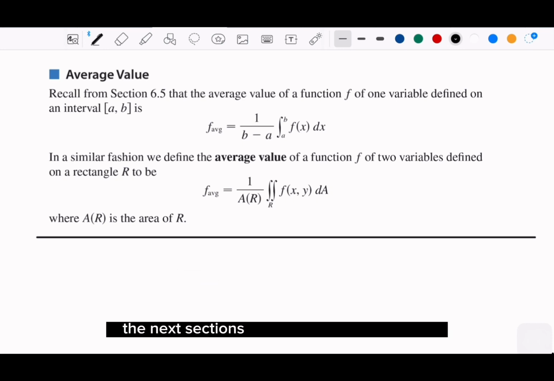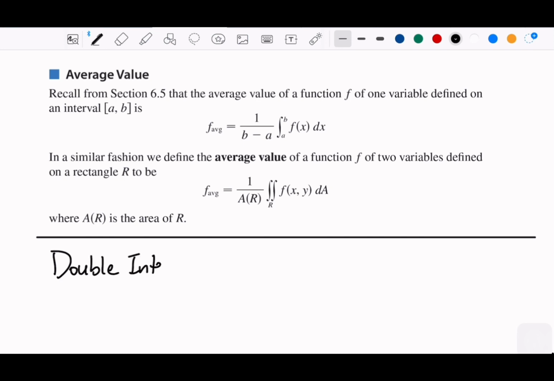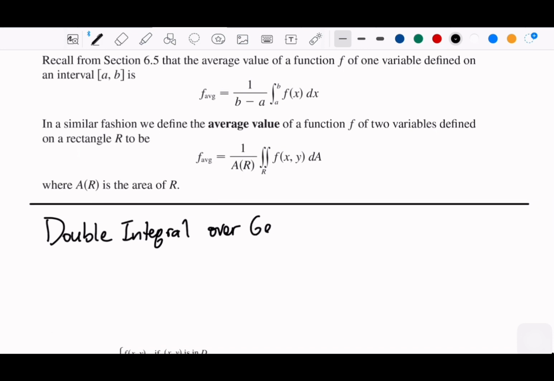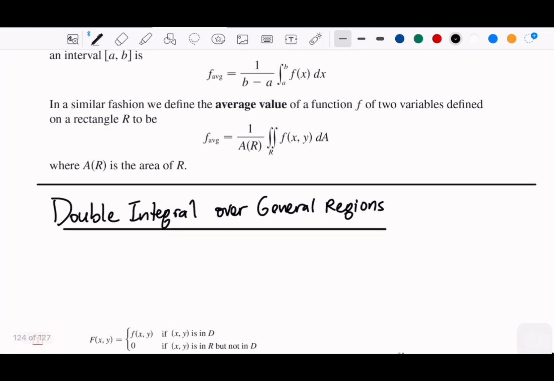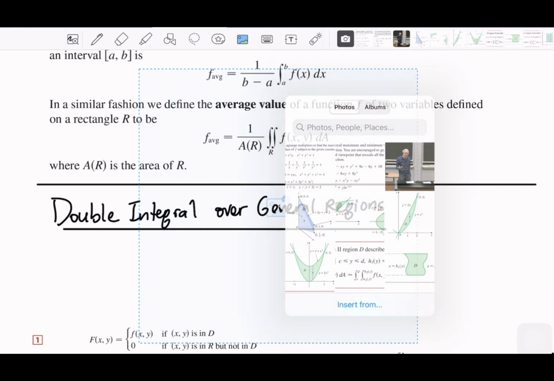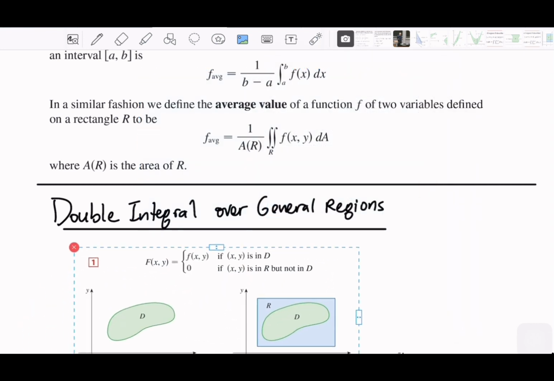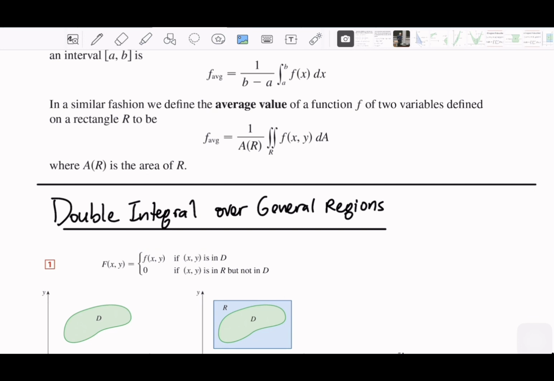The next section, I will write the title first, which is the double integral over general regions. So what does it mean?